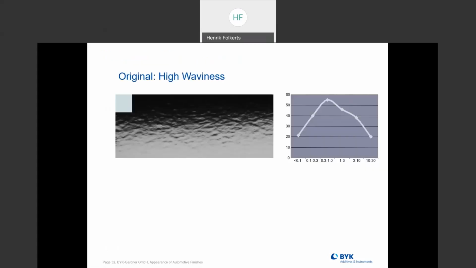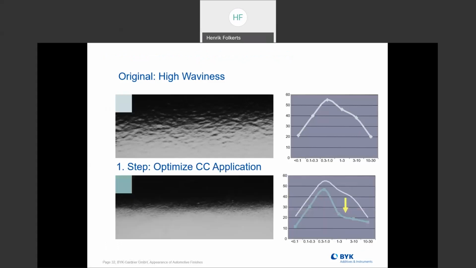So for example, this top graph just has a lot of long wave and a lot of short wave, and you can see in the structure spectrum, all the numbers are just really, really high. So if I optimize the clear coat, I decrease my long wave, but I still have a lot of short wave. So that's also not a good appearance that anyone would like on their vehicle.